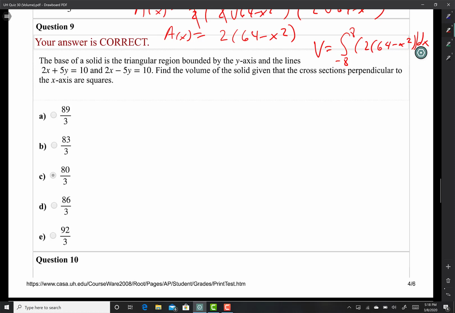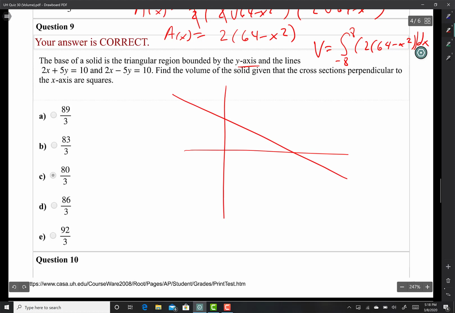Okay, so I have something that looks kind of like this, and I'm bounded by the y-axis and these two lines. So that means it looks like a triangular region. You have something like that, and that's coming from the one with the negative slope, which is this one. So this curve there is y equals 10 minus 2x divided by 5. And the other line looks like this.